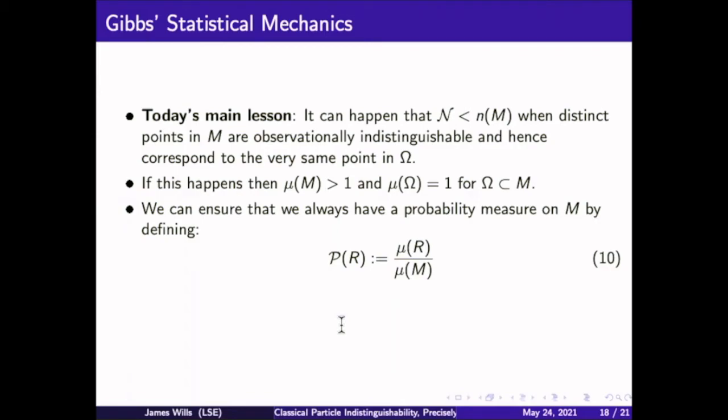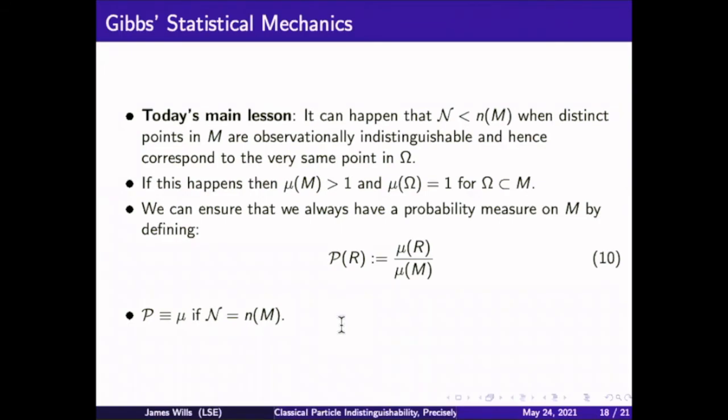However, we can always ensure that we have a probability measure on M by defining curly P as mu of R over mu of M. Now, this is harmless to define because if curly N is equal to little n of M, the measures mu and curly P are identical.